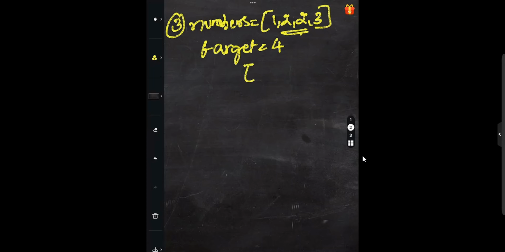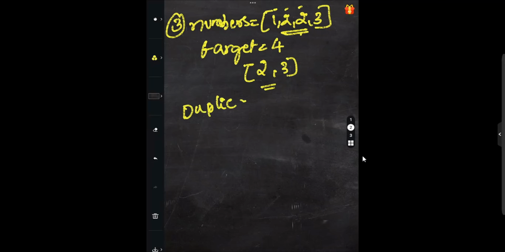The output will be, indexed from 1, 2, 3, so 2, 3 will be the output here. And we are dealing with duplicates in the array, right?